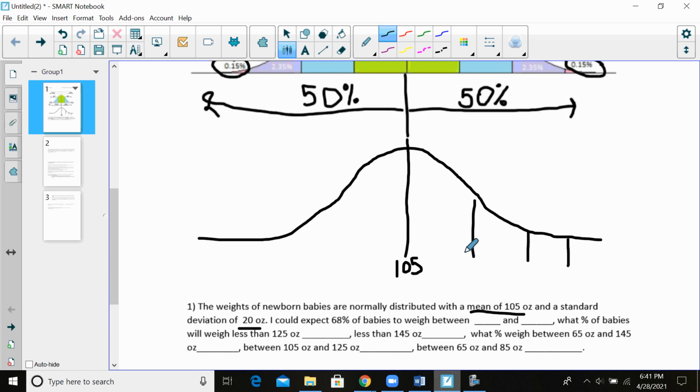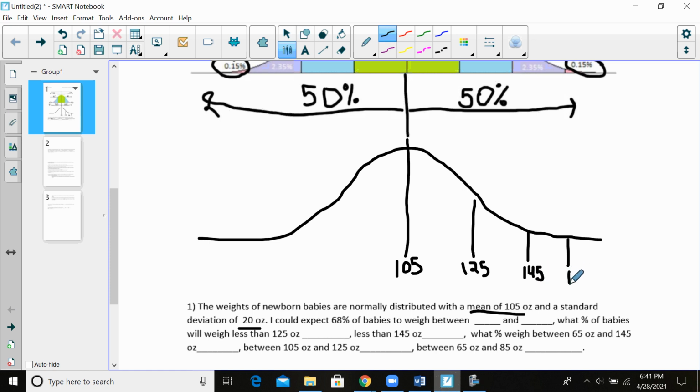So this would be one standard deviation above the mean, right? So just add 20 to that, so 125, and then two standard deviations above the mean, 145, and virtually no one ever gets to the 3 standard deviations above.